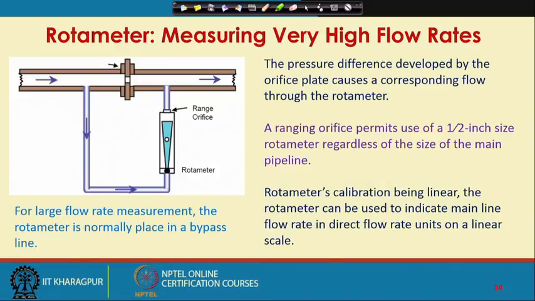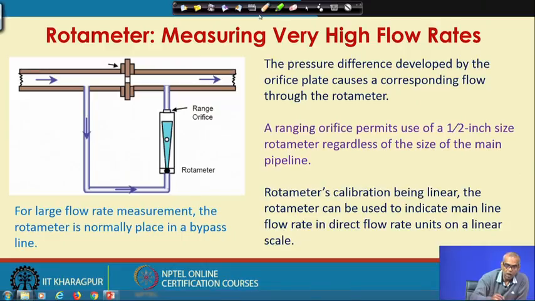We can use a rotameter for measuring very high flow rates by using a bypass line. So, for large flow rate measurement, the rotameter is normally placed in a bypass line.